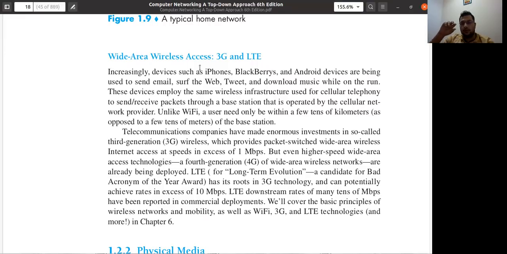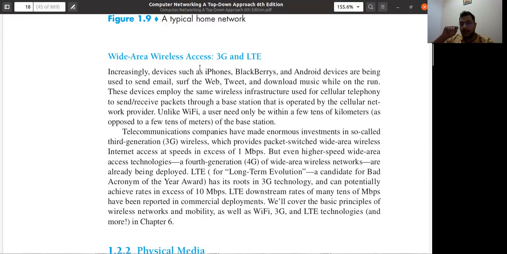From this course's perspective, you should only be concerned about the fact that there is a wireless technology which provides wide area wireless access.